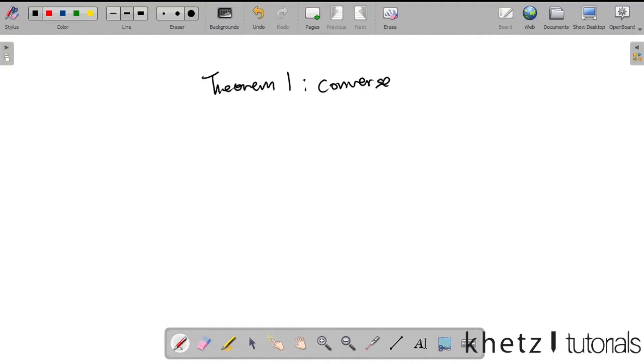Now the converse of that theorem says if a line divides two sides of a triangle, so two sides of a triangle, you can just do that to indicate a triangle.